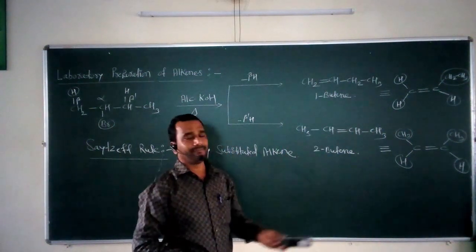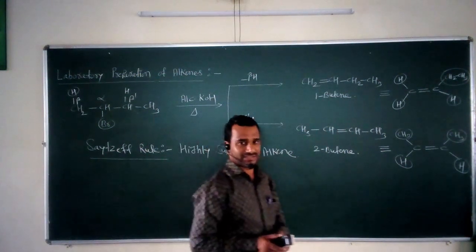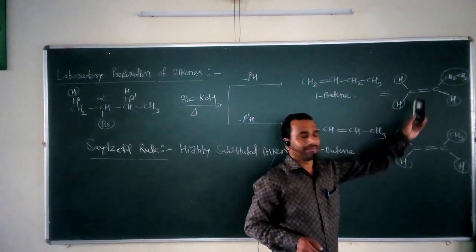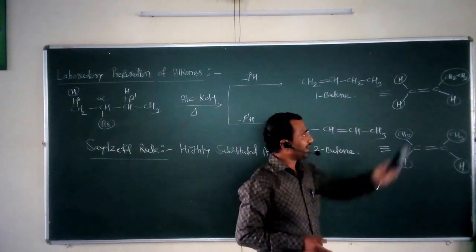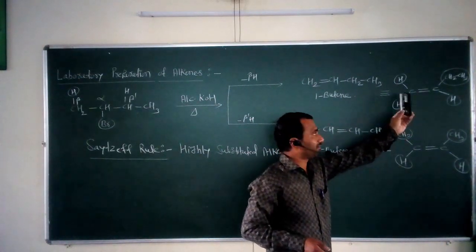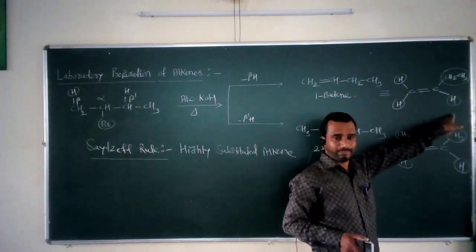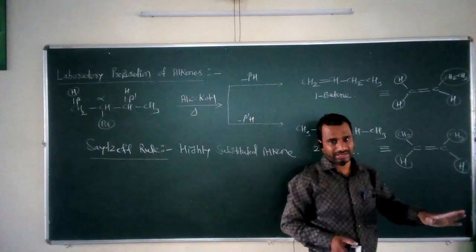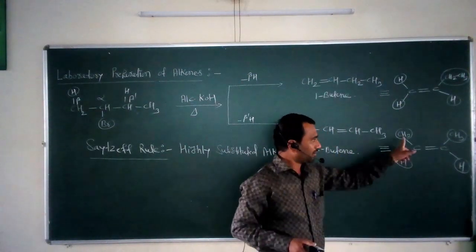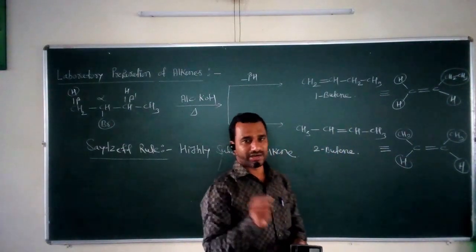Now, if I compare these two compounds, or if we consider the olefinic carbons in these two compounds, what happens? In the first alkene, across this carbon-carbon double bond, 1, 2, 3, 3 protons and 1 alkyl group are attached. While in the second case, 1, 2, these are 2 alkyl groups and 2 protons or hydrogens attached.